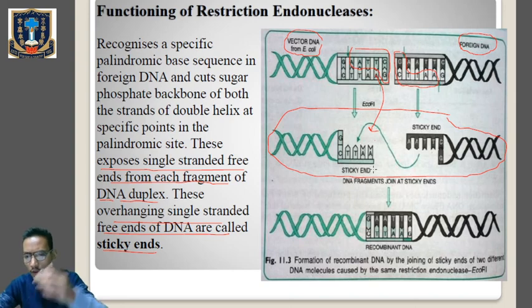So now, according to the base pairing rule, if the complementary bases are there, they will pair up, right? And they will form a double-stranded DNA molecule. So look over here: adenine, thymine, adenine, adenine, thymine, adenine, thymine. They will pair up according to the complementary base pairing rule.